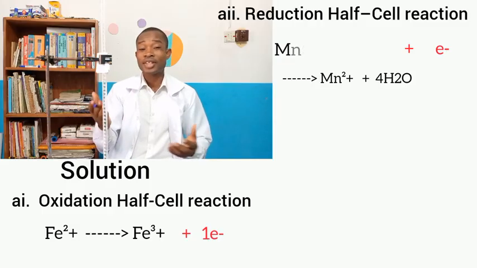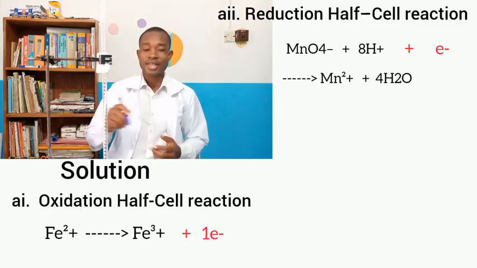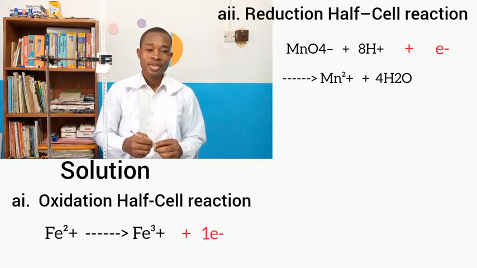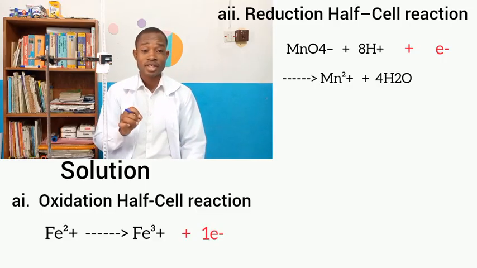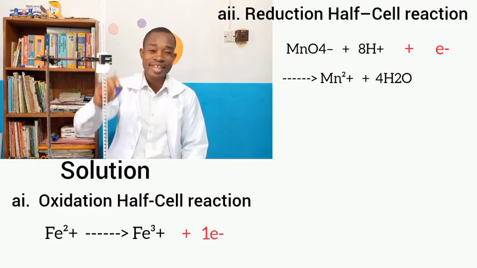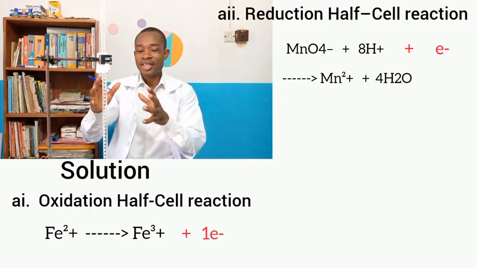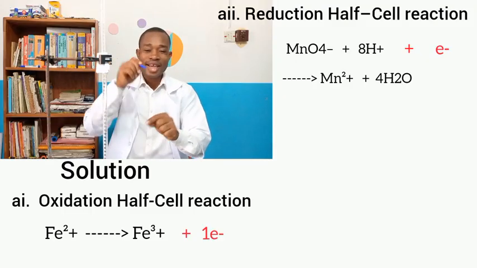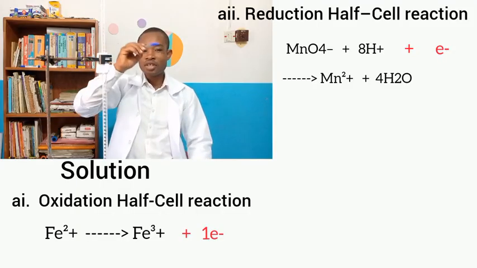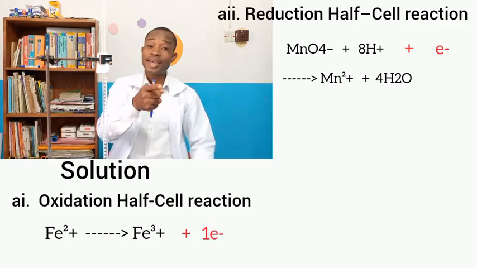And to achieve this, simply attach 8 molecules to the hydrogen ion in the what? Reactant side. So that what we now have is MnO4 minus in the reactant plus 8H plus. Now if you consider the MnO4 minus and then plus that 8 hydrogen ion, the oxidation number of hydrogen in that 8 hydrogen ion is 8.